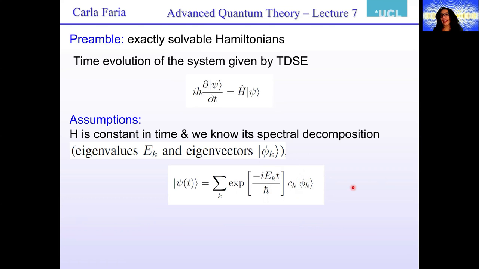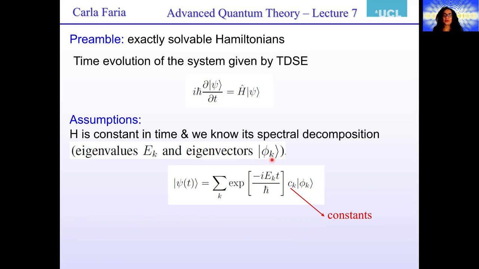c_k and phi_k. So this is like a weighted sum, or if you wish, a coherent superposition over this eigenvector basis. And if we write it like that, we know that these coefficients here in this case are constant. And these phases come from the fact that we apply the time evolution operator to these guys.